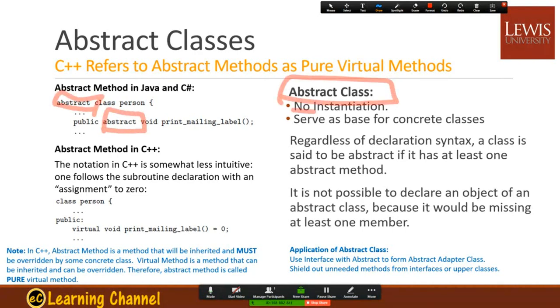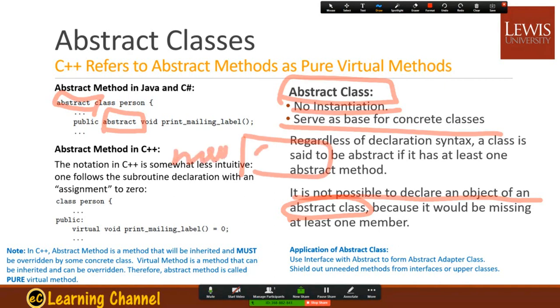So an abstract class has no instantiation and serves as a base for concrete classes. It's impossible to declare an object of this type, but it can be used as a reference. So on the right hand side, you cannot new using the object class. No, this is not okay.